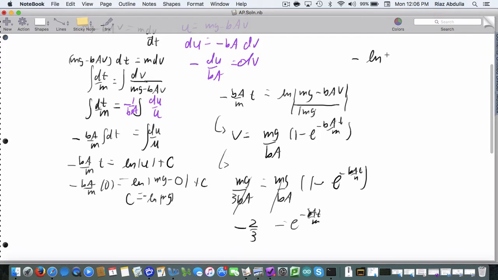So negative the natural log of 2/3 equals BAt over m. So we have negative m over BA natural log of 2/3 equals t. So that's the time we're looking for.